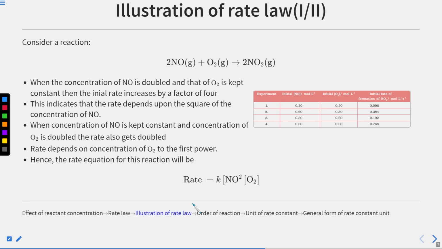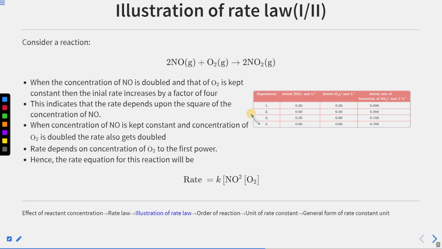Now let us see an illustration to make it clearer. So look at this illustration that we have here. We have taken a reaction in which we are reacting nitrogen oxide with oxygen, and it gives a higher oxidation state of nitrogen. So consider this reaction.